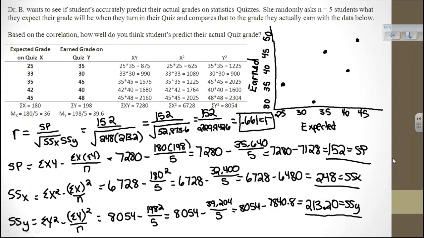So the first one that I'm going to plot, for the expected grade of 25, I calculated a predicted value of the earned grade to be 32.857. So 25 up to 32.857. So that'd be right around here-ish. And then the last one, for the highest expected grade that I collected in my data, was 45.